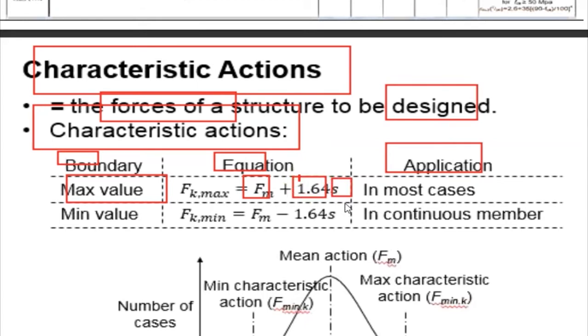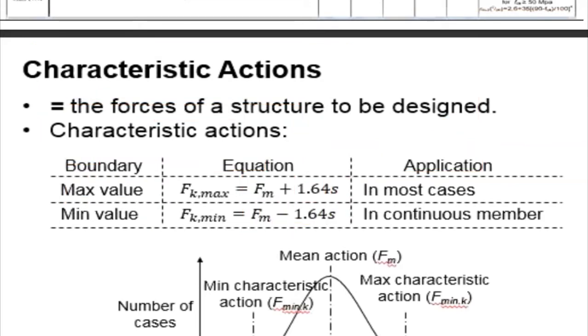This is the maximum. But the minimum is the opposite; it means here you have the subtraction: the mean force minus 1.64 times the standard deviation. Now, we say that the maximum one from this equation is most usually applicable, but the minimum one applies in continuous members.